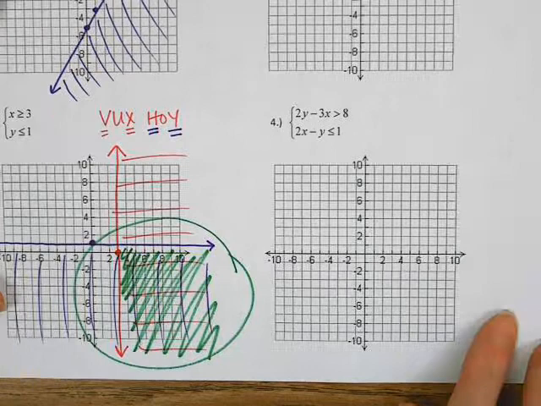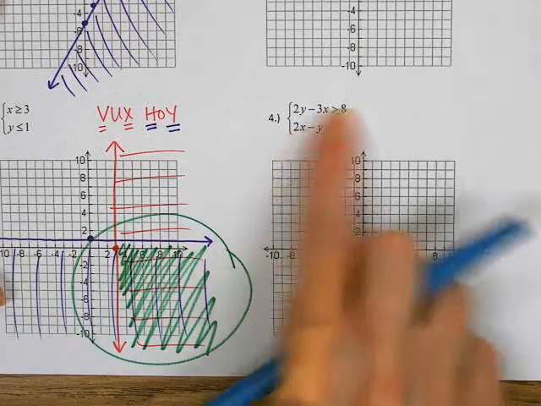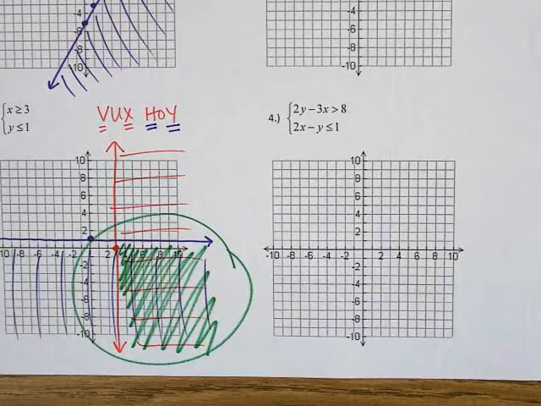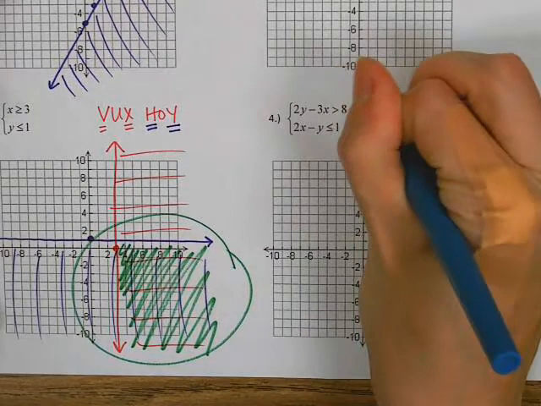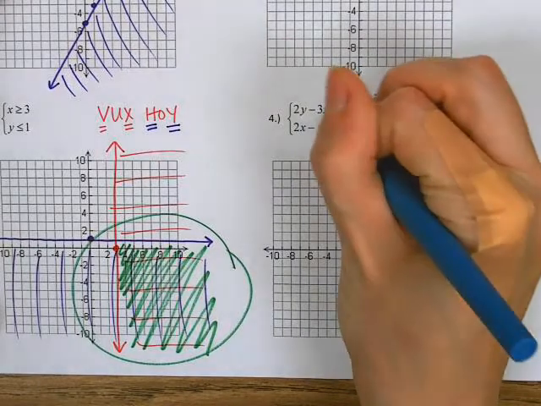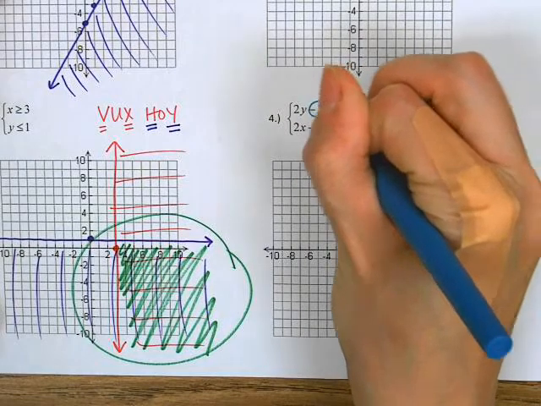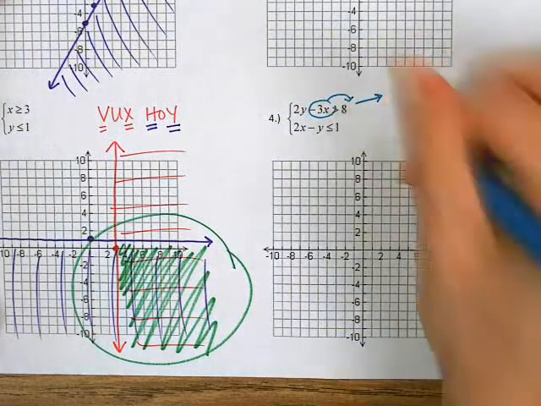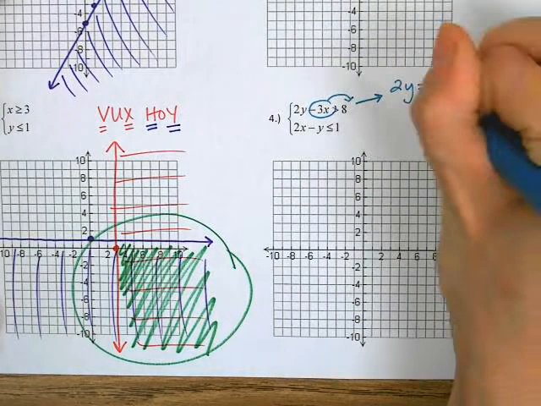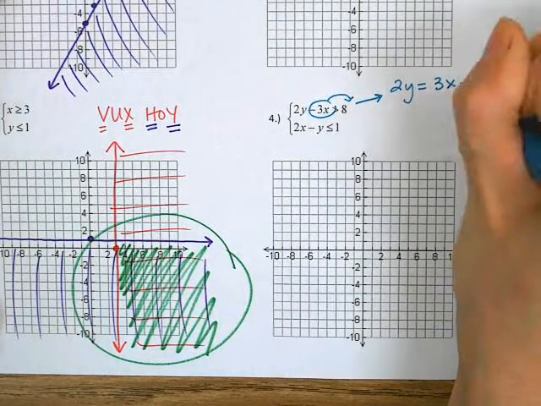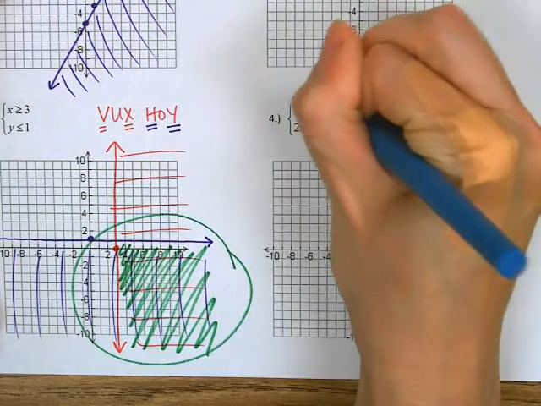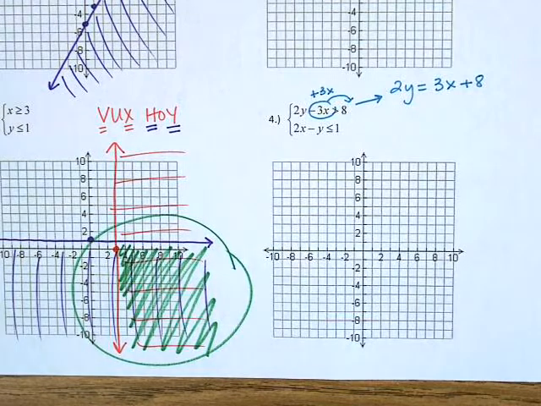All right, we're going to do one hard one where you have to get y alone first. Okay, so for this guy, if you want to get y alone first, we're going to have to add the 3x to the other side. So it's going to be 2y equals 3x plus 8, right? We're just adding the 3x over to the other side.